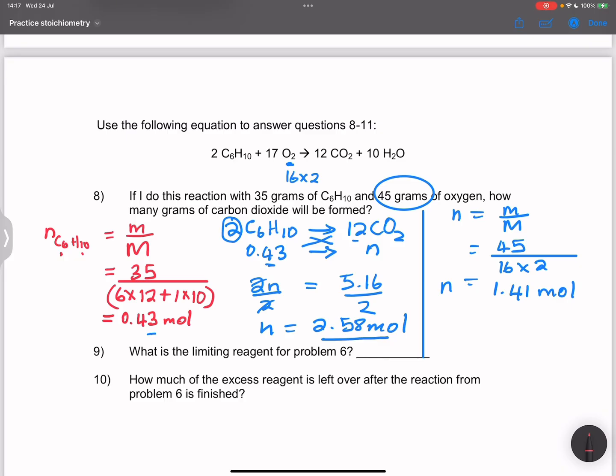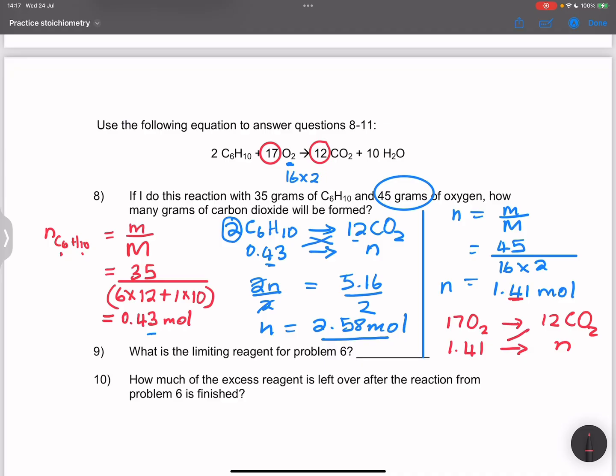For every 17 moles of oxygen, I produce 12 of carbon dioxide. So the question is, if I'm going to use all the 1.41 moles of oxygen, how many moles of carbon dioxide would we produce?